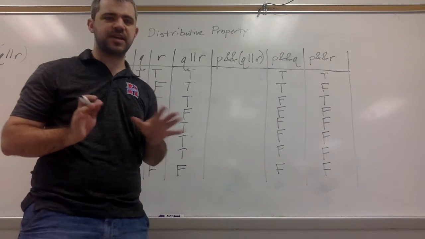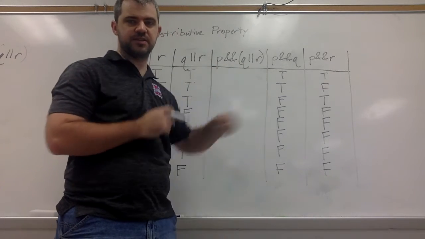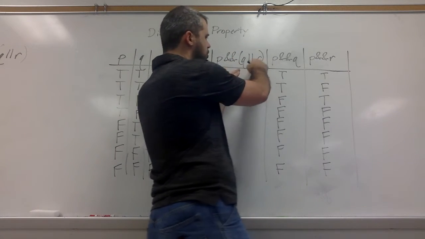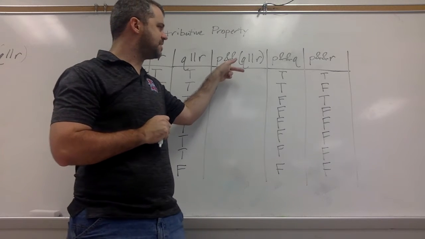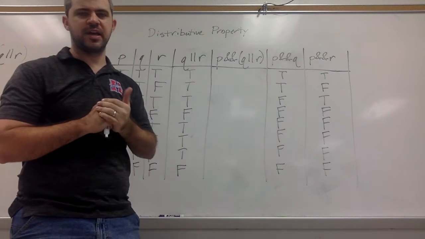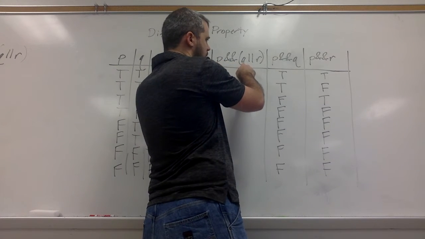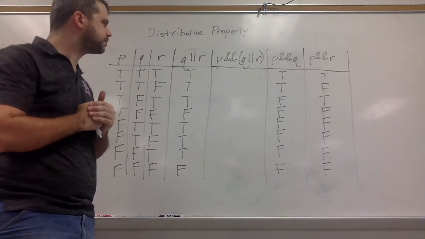But our purpose in looking at this truth table, we're very interested in this statement right here: P and (Q or R). The parentheses are necessary. Ands come before ors in Boolean algebra. So if we didn't say anything, this would go first, and then we would look at this, and that's not what we're wanting here.